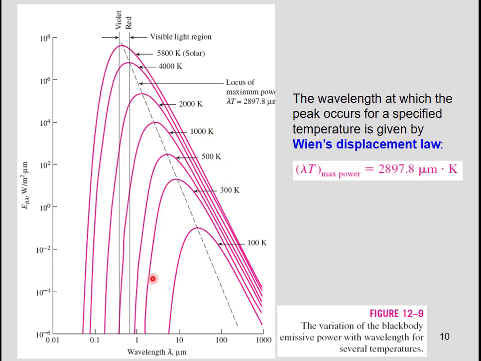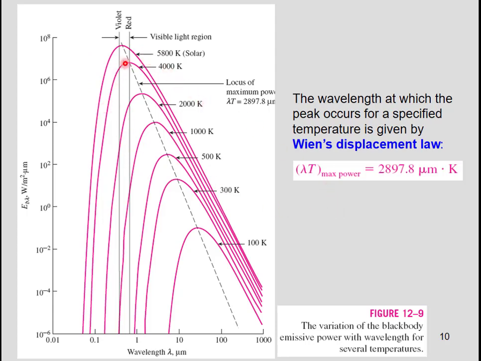As you can see here, the pattern is similar for different temperatures, but when the temperature of the object is higher, its peak, or its maximum emissive power, will be higher.